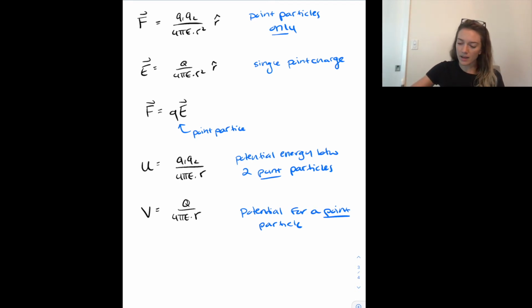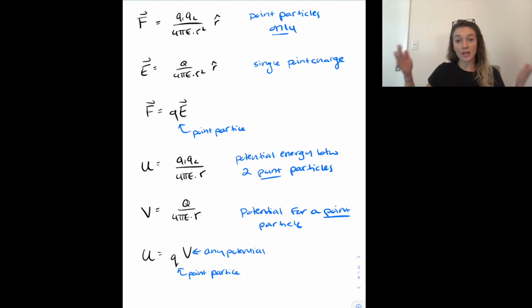And then we also have another similar formula to what we have here. We have the potential energy of a point particle in some arbitrary potential. So again, this is a point particle here, and this is any potential. So it doesn't have to be the potential created by another point particle.